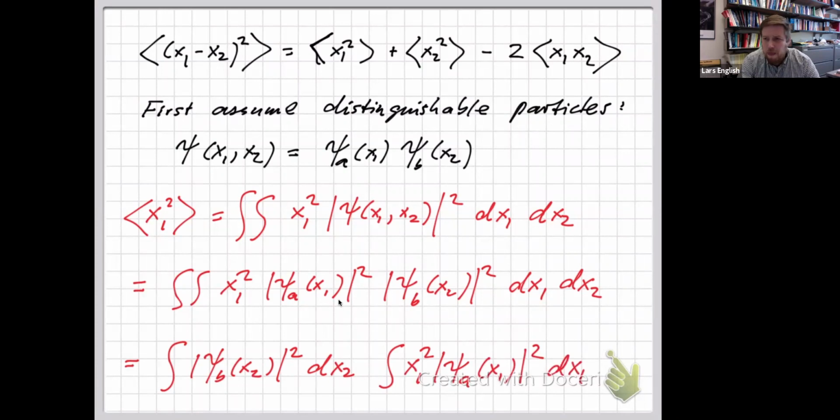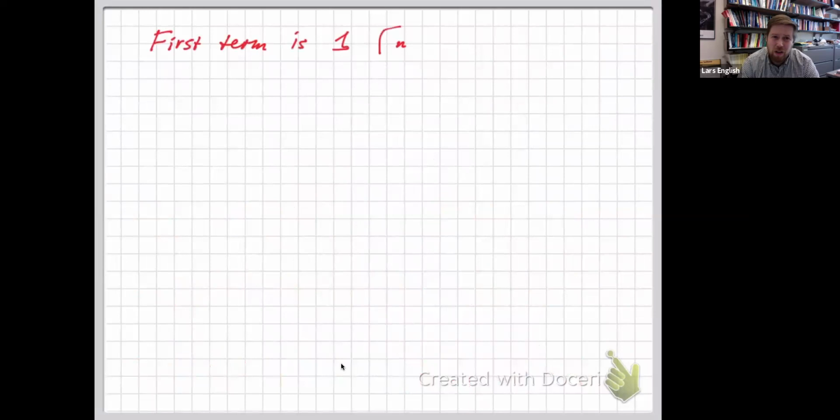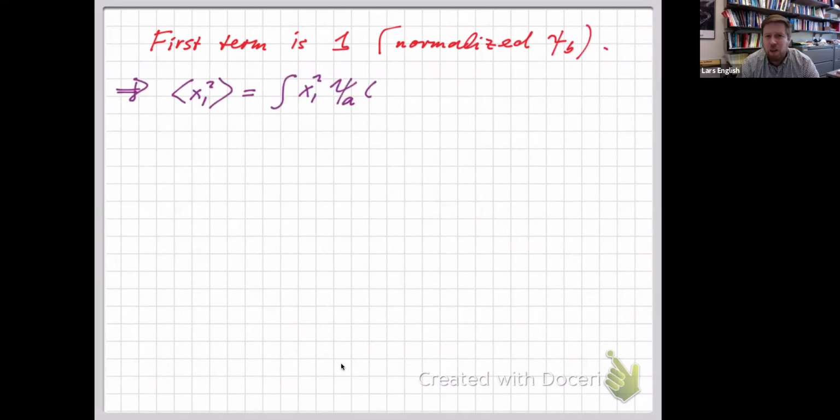So what's the next step here? Do you see it? This is now a single particle wave function. I'm integrating over a single variable. That's got to be 1, right? That's got to be 1. The first term is 1 because we have a normalized single particle wave function. And so I'm really just ending up with this second integral here.